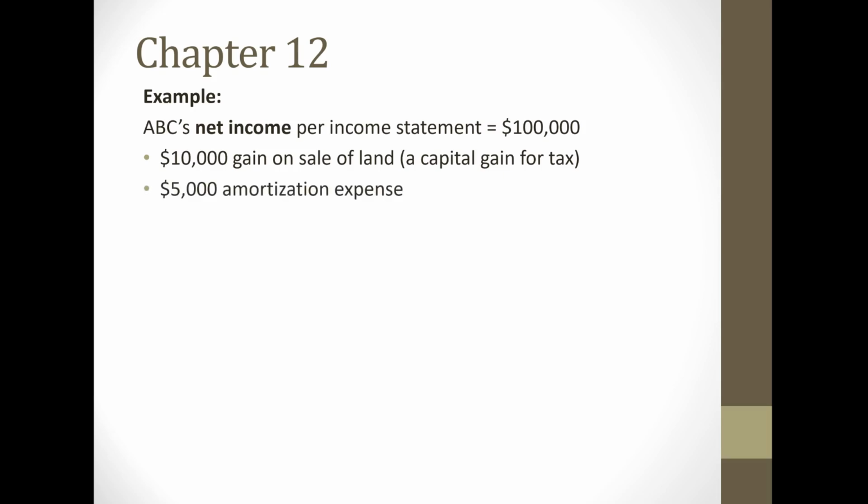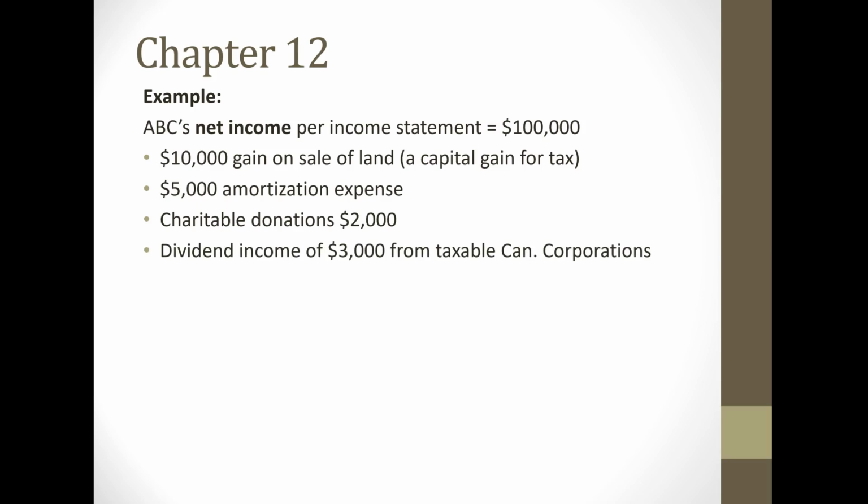Also in the net income amount was a $5,000 amortization expense. They also deducted charitable donations of $2,000 when calculating their net income on their income statement. And included in that $100,000 is also dividend income of $3,000 from taxable Canadian corporations.